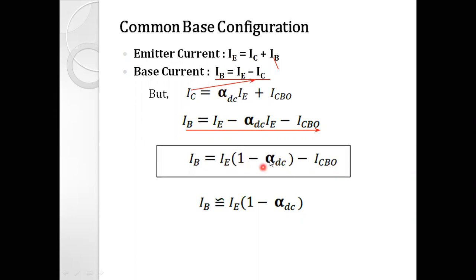So IE inside the bracket 1 minus alpha DC, minus ICBO. As discussed earlier, the magnitude of ICBO is very small because it is due to the movement of minority carriers, and it is the leakage current. So we may neglect ICBO. When we neglect ICBO, the equation of IB can be approximated as IB is equal to IE times the bracket 1 minus alpha DC.